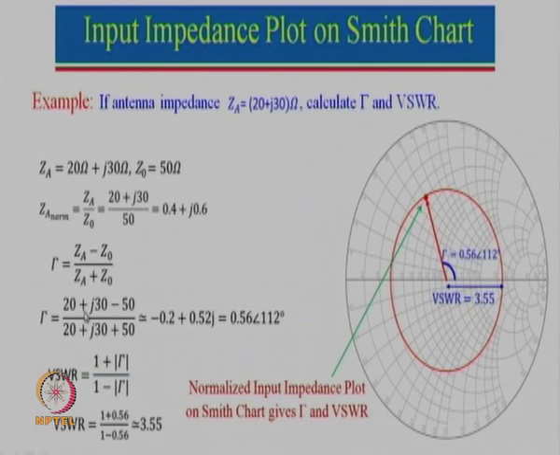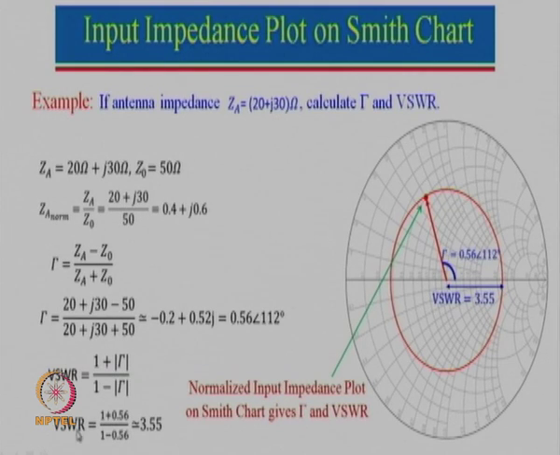ZA is 20 plus J30, we put it here, do the calculation, and simplify it. This is the value which comes out: reflection coefficient 0.56 with an angle, and for VSWR we only need the magnitude, we do not need the phase. So, we put the value over here, and we get VSWR equal to 3.55. So, that is the VSWR corresponding to the complex impedance.